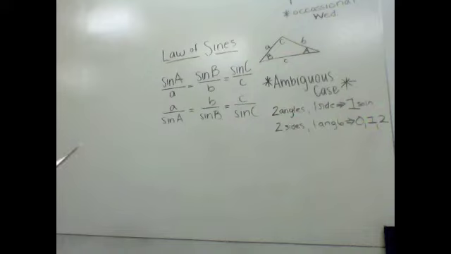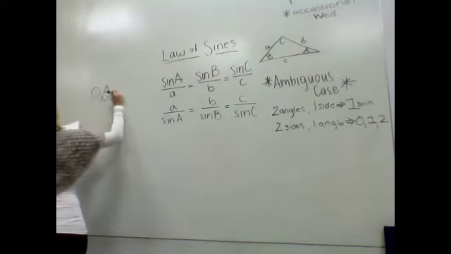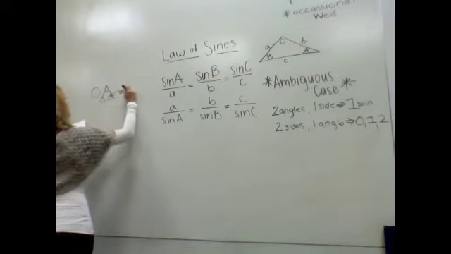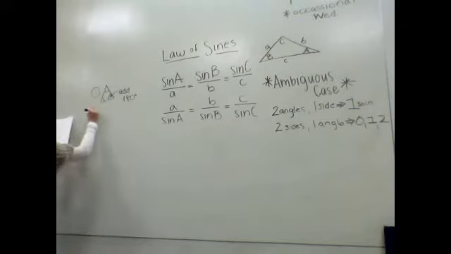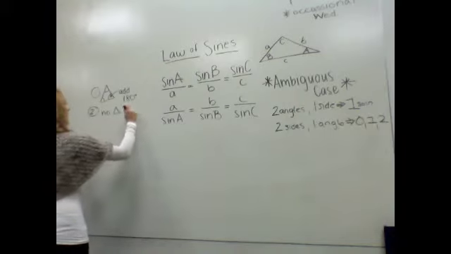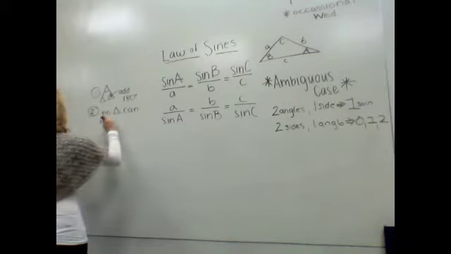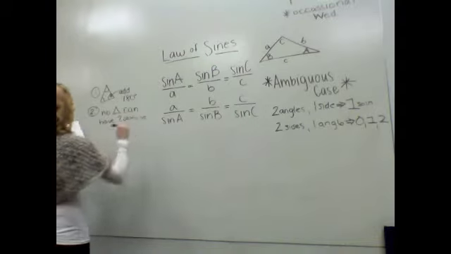Some general facts to remember. The angles inside a triangle add up to 180. Another fact to remember is no triangle can have two obtuse angles, because then you're going to end up with bigger than 180.